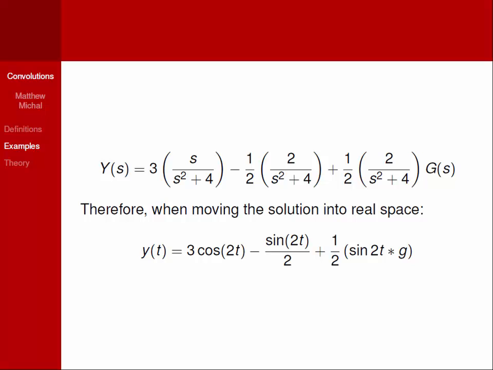So this could end up becoming g minus delta convolved with 1/2 sine of 2t.